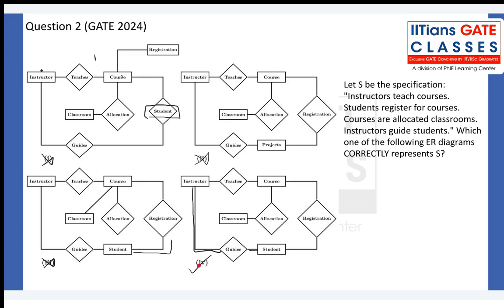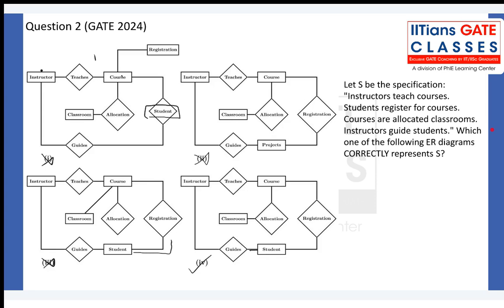Okay. Now I was talking about total participation and partial participation in the previous question. See, the course entity can have a lot of courses in it. It can have a set of all the courses that are available in, let's say, your GATE exam.